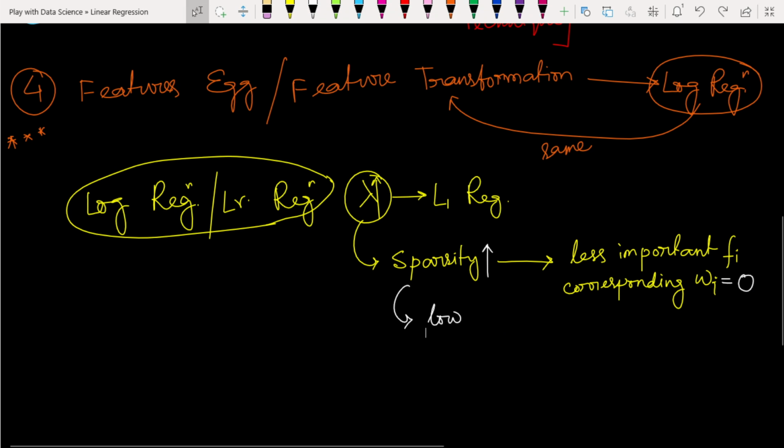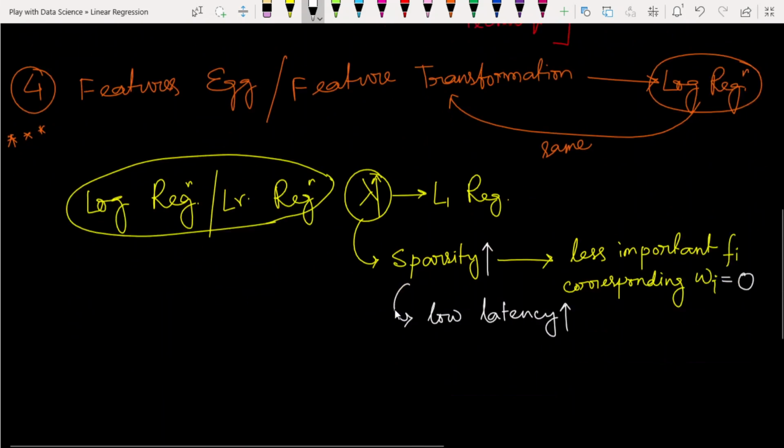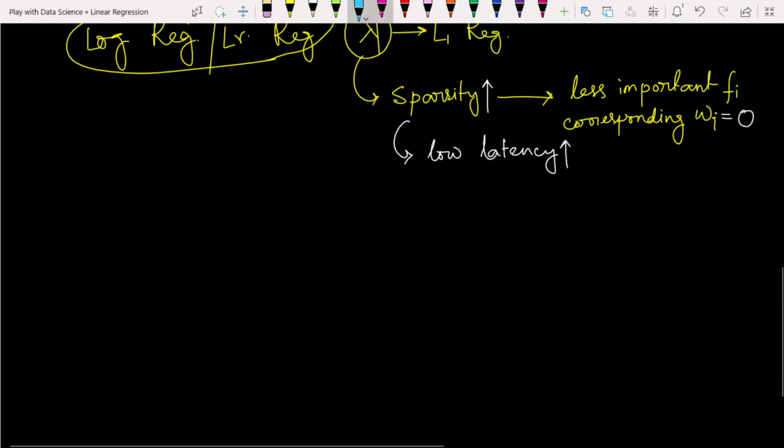That means it is easier to build a low latency system for the model output. Now coming to our fifth concept, that is outliers.